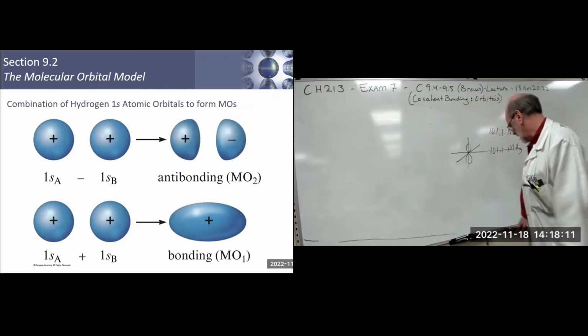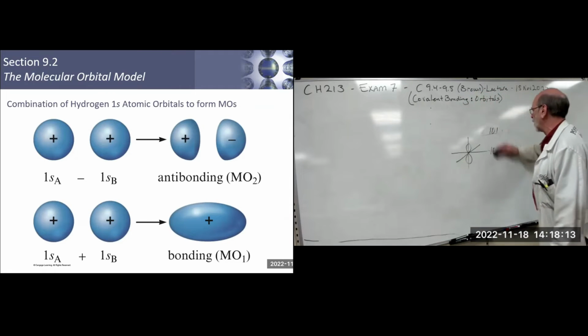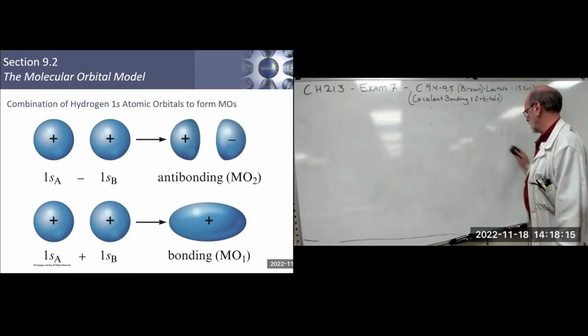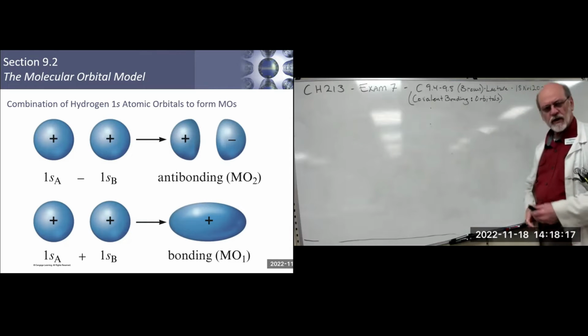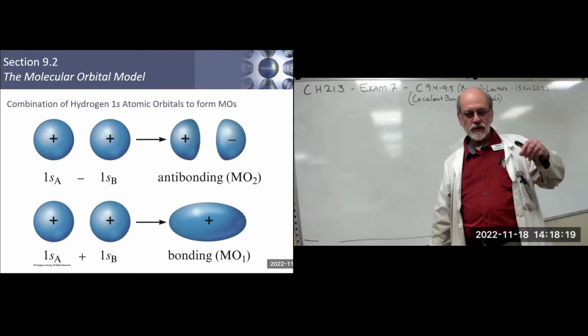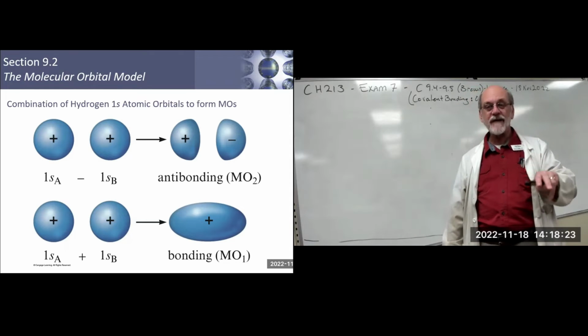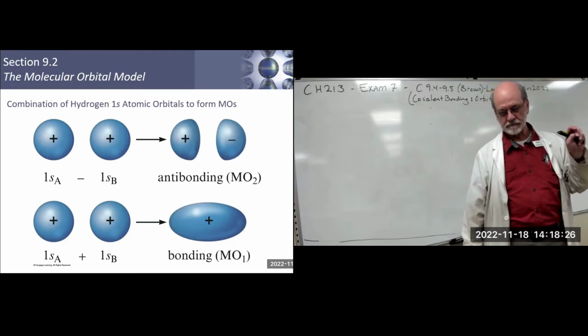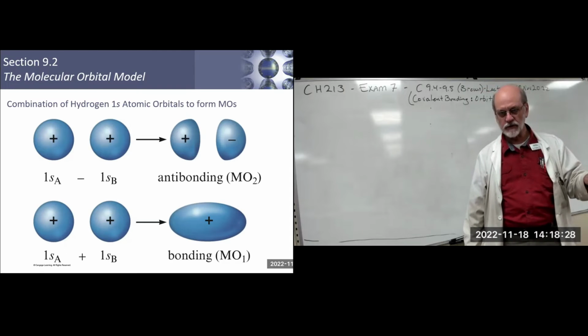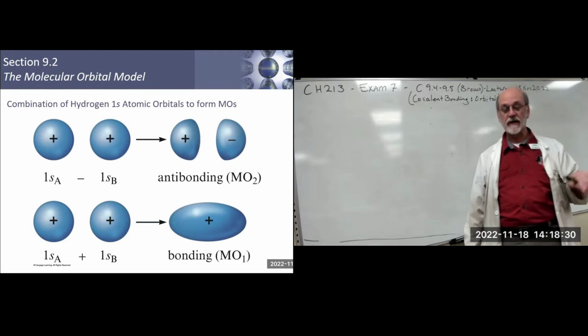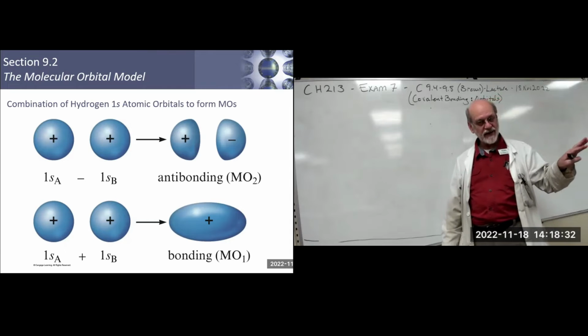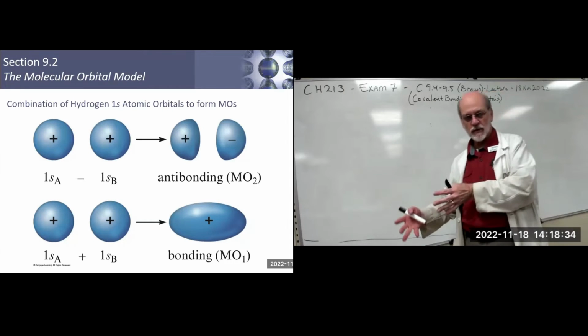Okay, so when we form these molecular orbitals, remember one of the primary rules is when you put 2 atomic orbitals together, you have to have 2 molecular orbitals come out of the mix, right? The atomic orbitals are gone, but now you have the same number of molecular orbitals.